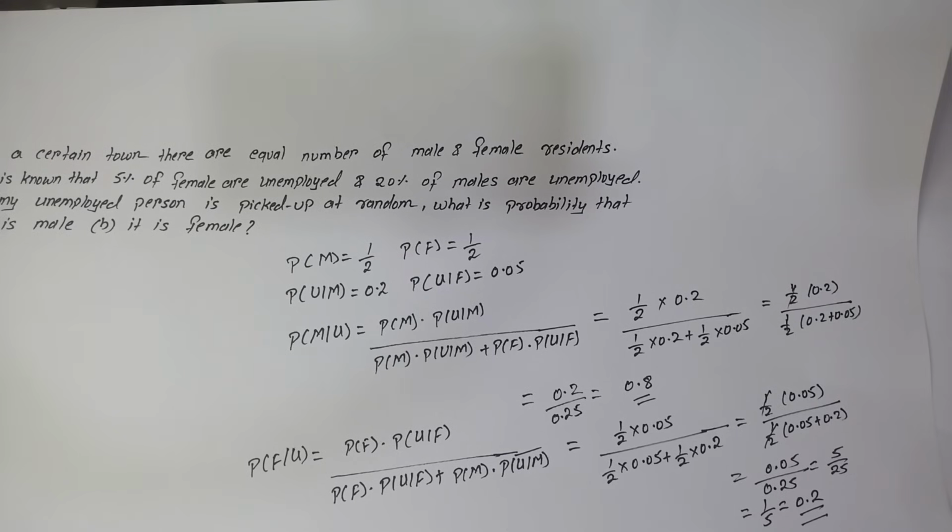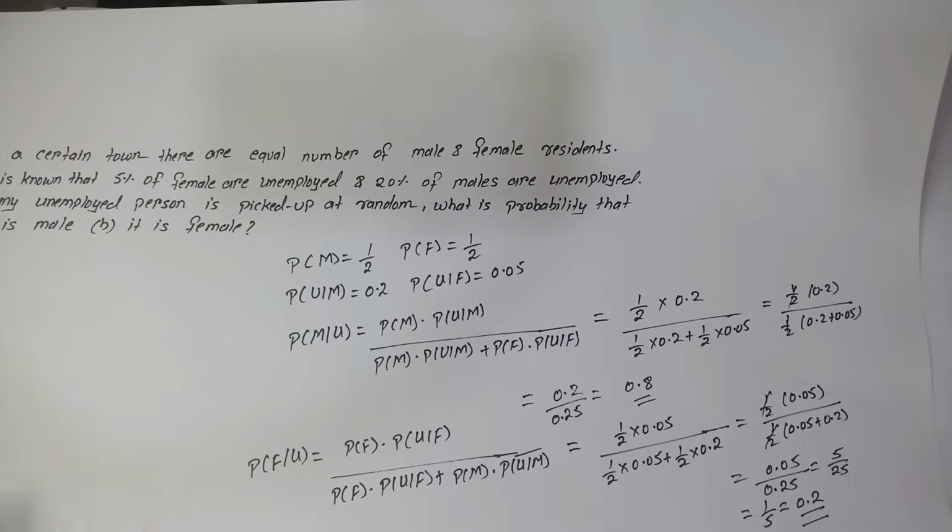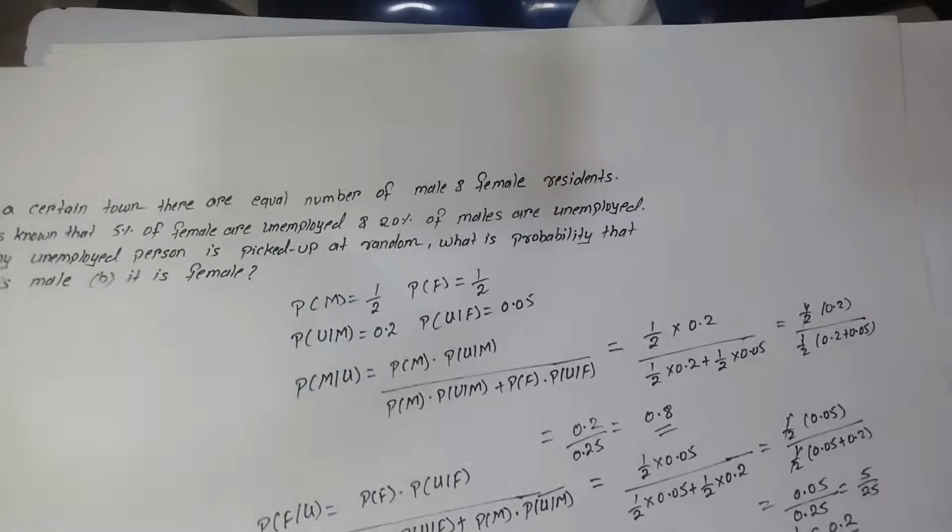So the probability that the unemployed person is male is 0.8 and the probability that the unemployed person is female is 0.2. Let's try to solve one more question.